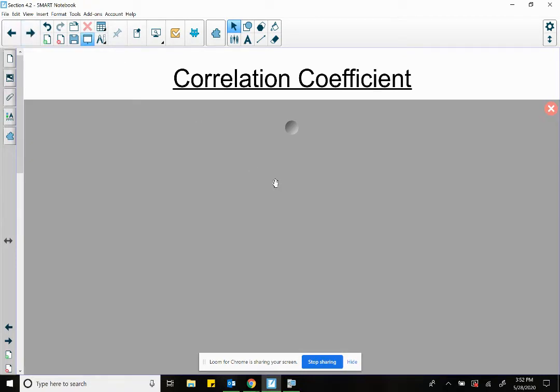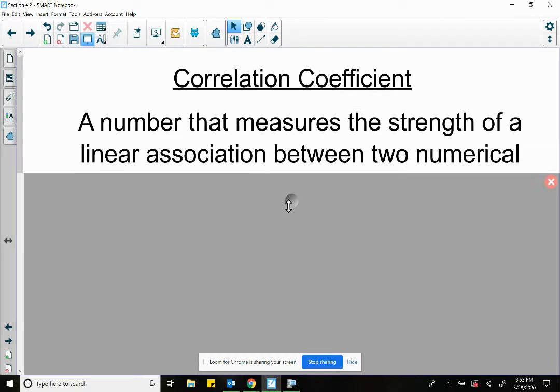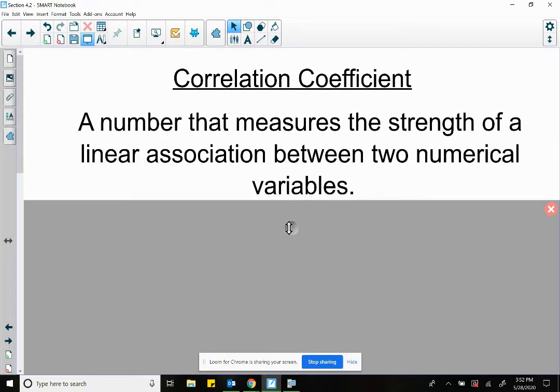And just as I said a moment ago, it is a number that measures the strength of a linear association between two numerical variables. It only works if they're both numerical, and it only works if it looks like a line. It's linear, linear, linear.